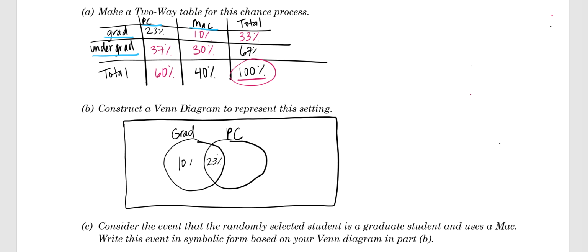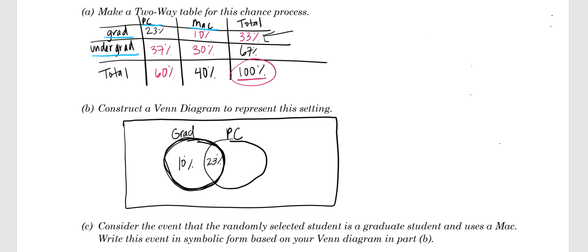You should actually label it 10%. So if you said 33%, here's why that's wrong. This entire circle is the entire graduate circle. The entire graduate circle needs to only be 33% because that is the total for the graduates. And if I put 33 here, 33 plus 23 is not 33.